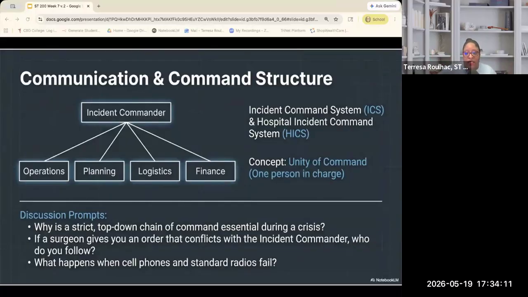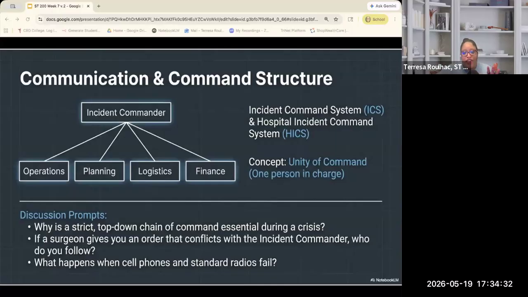Now, in crisis, people often revert to personality. But command structure is not about personality. It's about role clarity. As a CST, we are not making the system level decisions, right? But we are operating with coordinated structure.